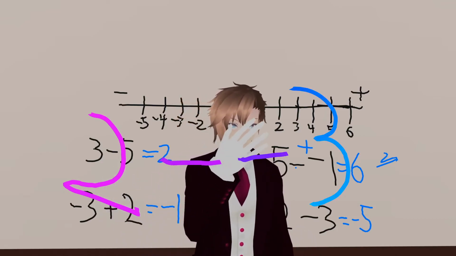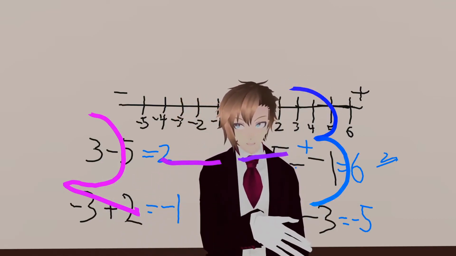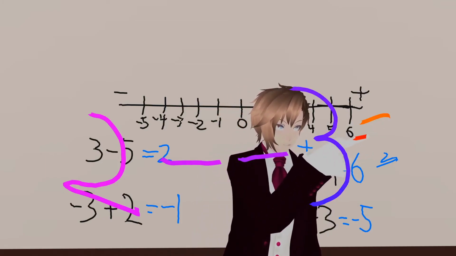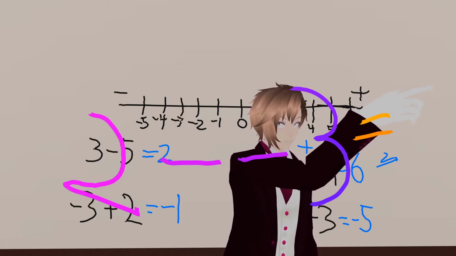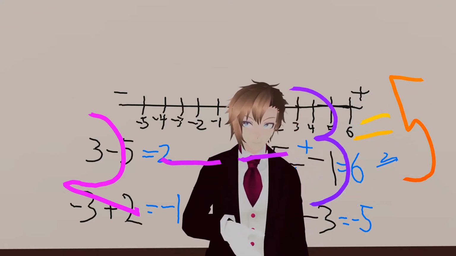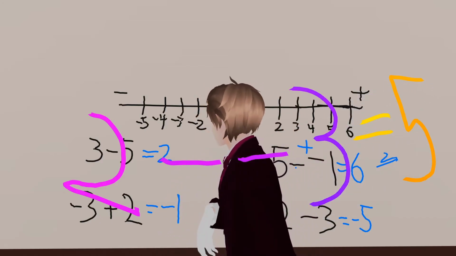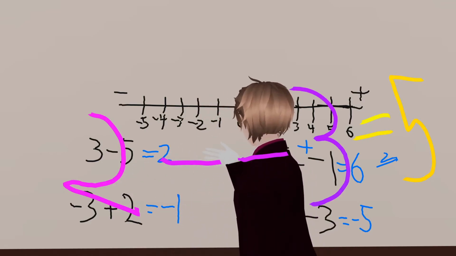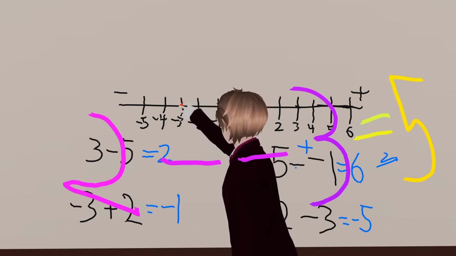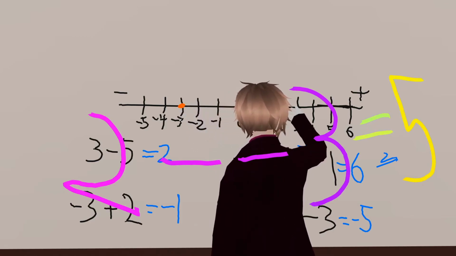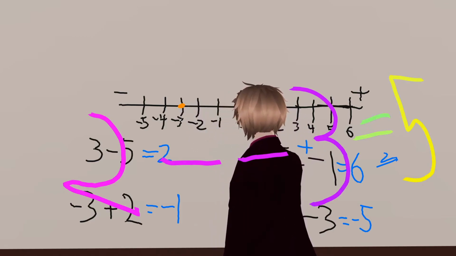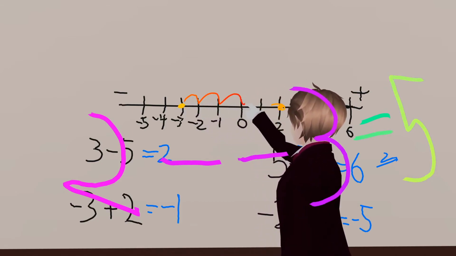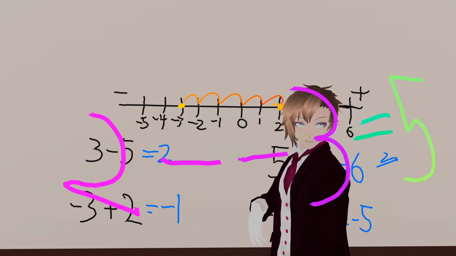So 2 take away negative 3, or plus 3, is equal to 5. And if we have a look on our board, the difference between 2 and negative 3, we have negative 3 and 2, is 1, 2, 3, 4, 5.